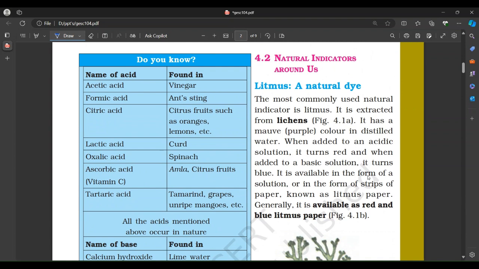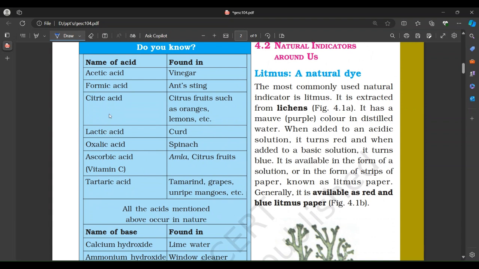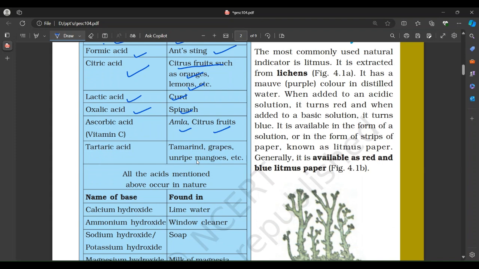So how can we get these naturally occurring indicators? Before that, let's understand the names of the acids and where they are found. Acetic acid is found in vinegar, formic acid in ant stings, citric acid in citrus fruits such as oranges and lemons, lactic acid in curd, oxalic acid in spinach, ascorbic acid or vitamin C in amla and citrus fruits, tartaric acid in tamarind, grapes, and unripe mangoes.